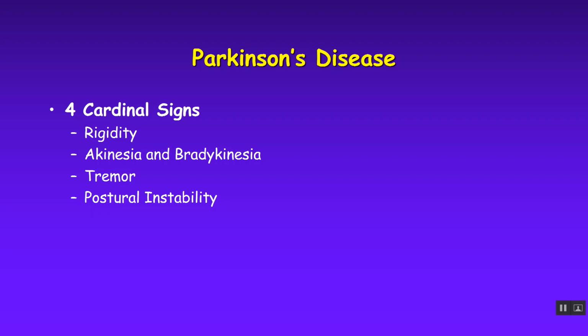The rigidity has to do with the fact that the basal ganglia influences not just the cortex, but a couple of key nuclei in the brainstem. It influences what's called the pedunculopontine nuclei and the locomotor region of the brainstem.